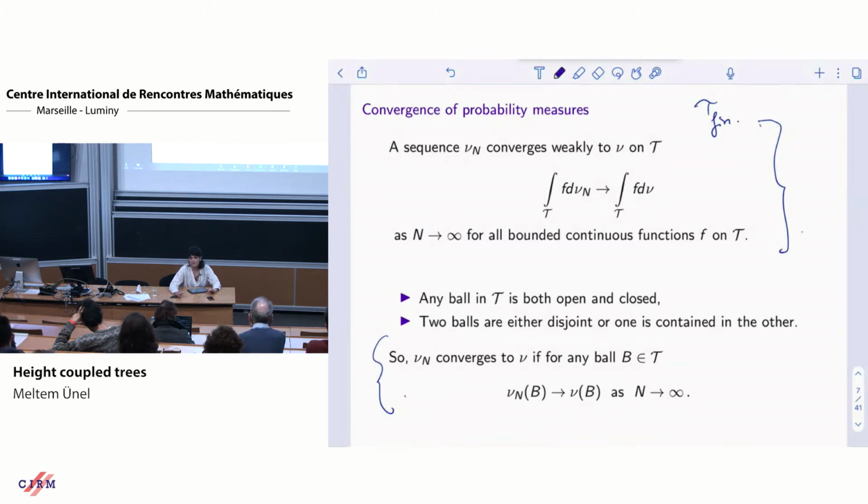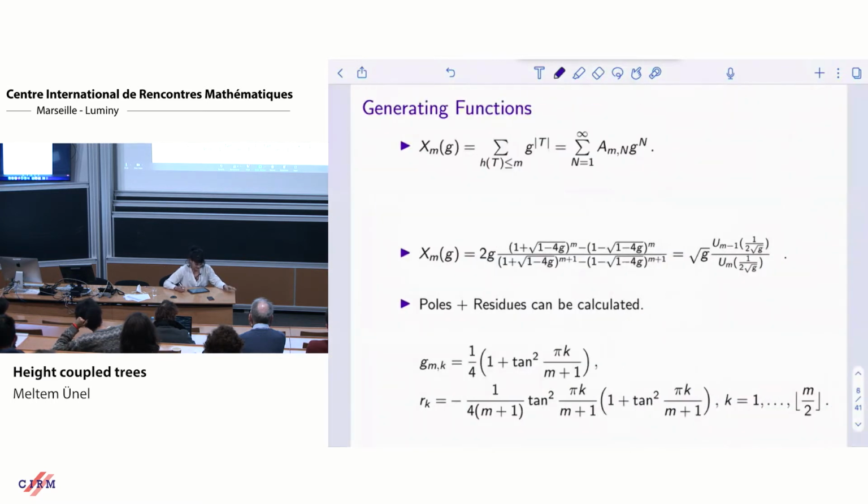And this is important because anytime that I talk about the properties of some limiting measure that I generate at the end, I'm going to look at their values on the balls, and they are fully characterized on balls, so it's going to be fine.